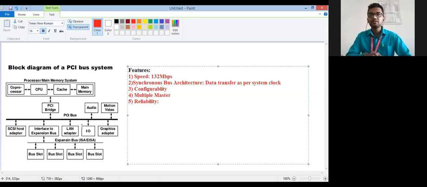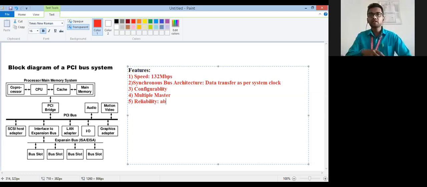Whatever other components are connected to the PCI bus are not affected. It is like our mobile: if Bluetooth is not working properly, the rest of the features are not affected. So the reliability of the PCI bus is very high. This is the main important feature of your PCI bus.